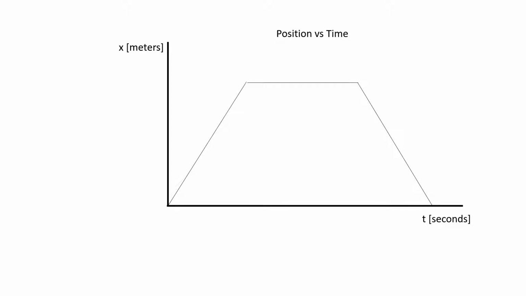And what does a constant velocity look like on a position versus time graph? Now, keep in mind we're measuring how this thing is moving as time is continuously progressing. So if this object, let's say this end of the table is 0, and I start a stopwatch, this thing is going to be increasing the distance.